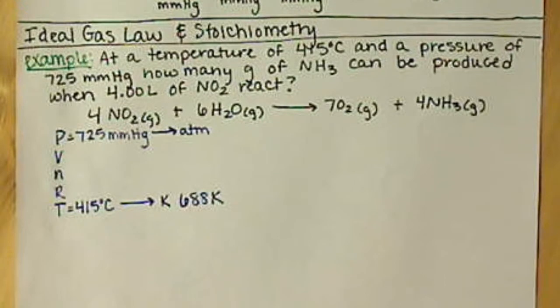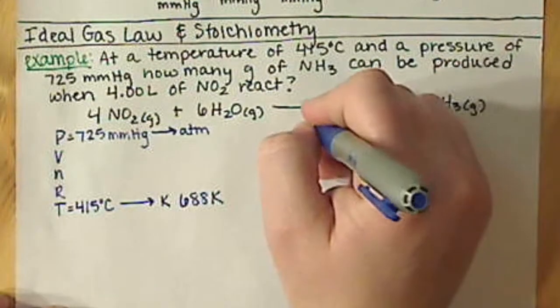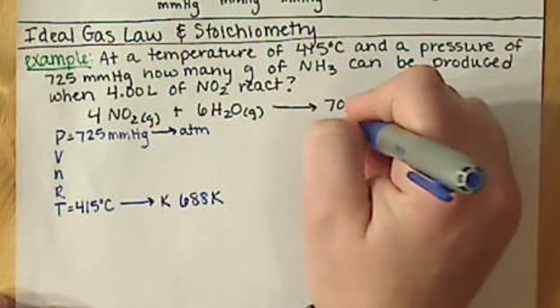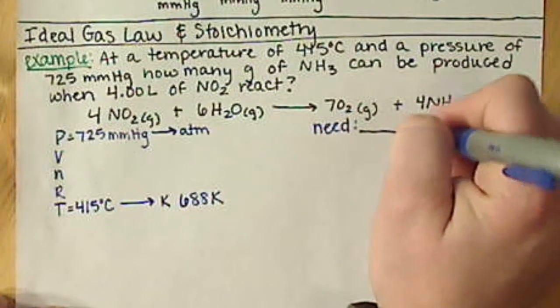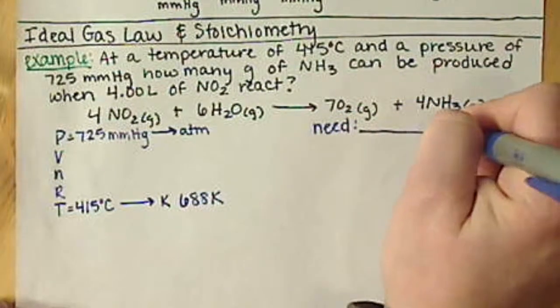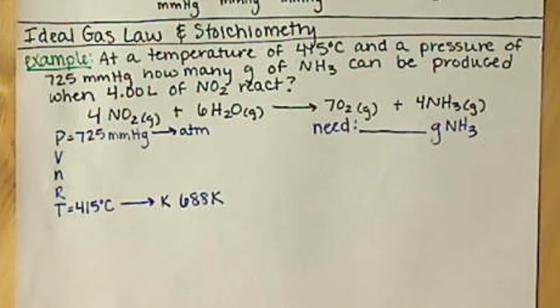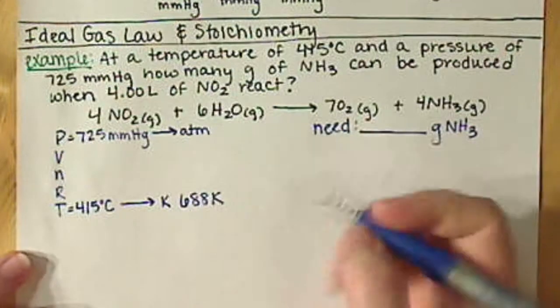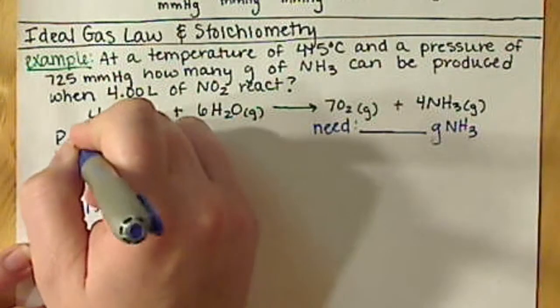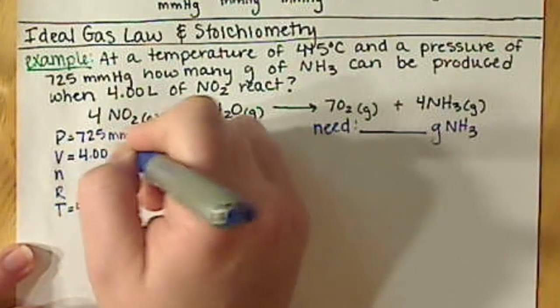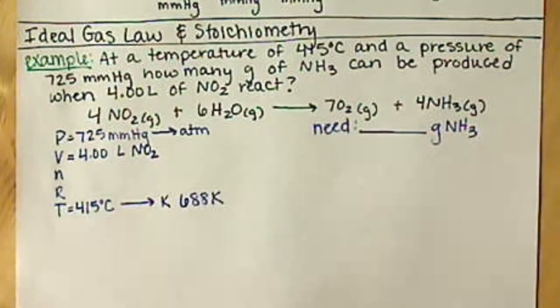And what we're looking for is grams of ammonia. And we're going to react 4.00 liters of NO2. So what units do I need my volume in?